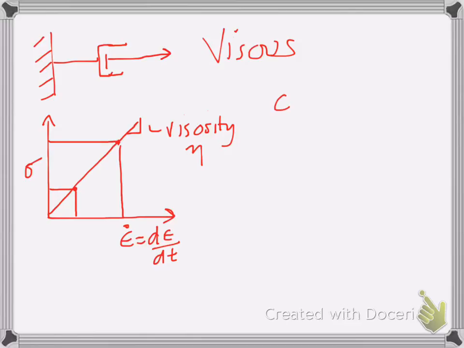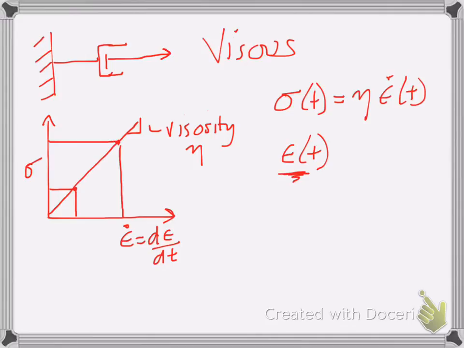And in that case, our relationship between stress and strain rate, we can write most simply like this, where the dot implies that time rate of change. Our net strain over time, so note this is strain, not strain rate here, we can determine just by integrating our stress through time.